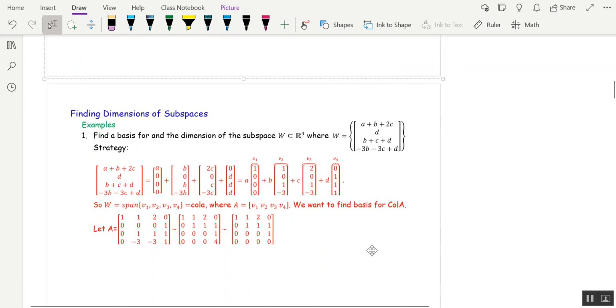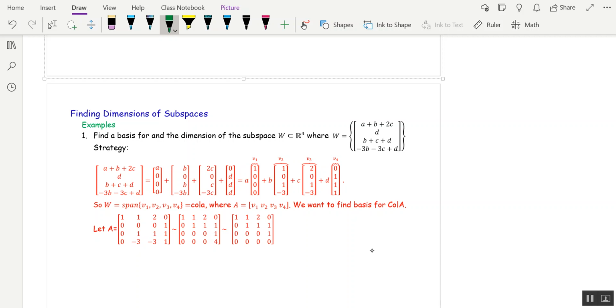So here are some examples, and I've done some of the writing for us just to save time so you don't have to sit there scribbling things down. The first one: find a basis for and the dimension of the subspace W of R^4, where W is the space of vectors that have this form.